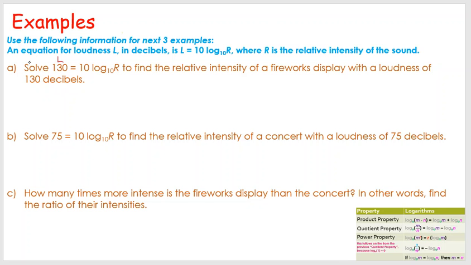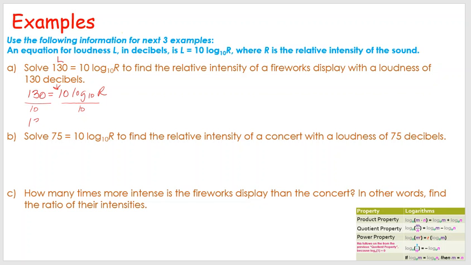Alright, so to find the relative intensity, I'm just going to rewrite the problem first. I got 130 equals 10 multiplied by log base 10 of R. Now, I can divide both sides by 10, which is this right here, that 10.